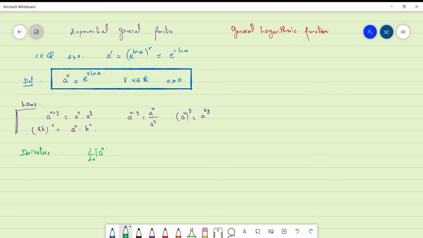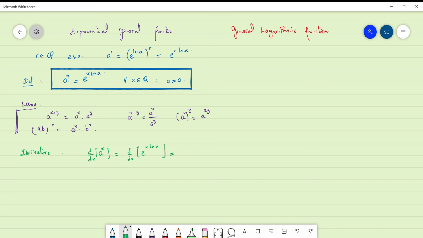I don't memorize the formulas related to the general exponential function. I come back to the basic exponential function we know, I know how to derive it, and I use the chain rule. Each time this is what I do, to avoid any mistakes.